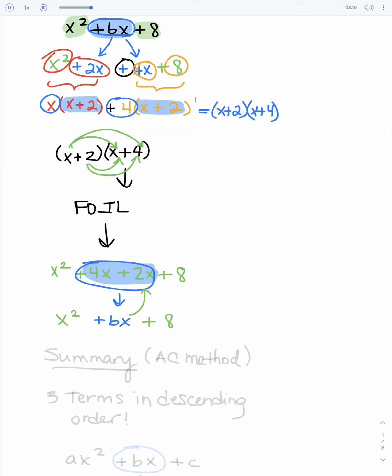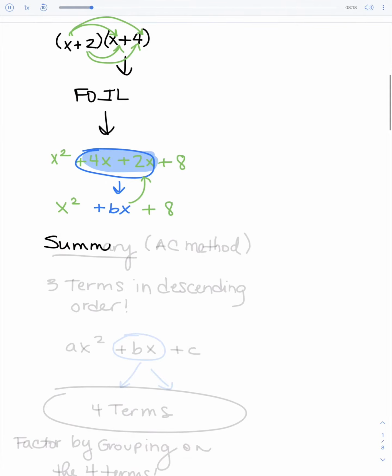So just as a quick summary of how this AC method works. The AC method is only going to be used when we're talking about doing 3 terms. It's got to be in descending order.